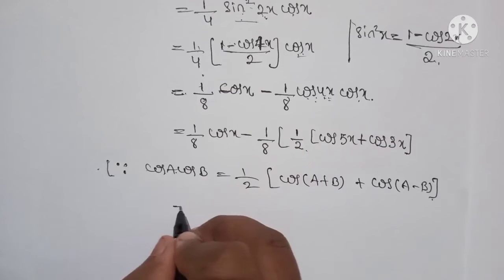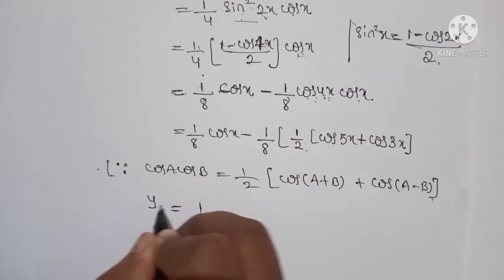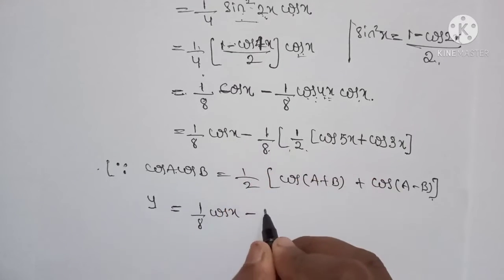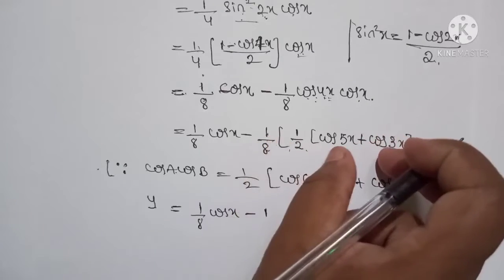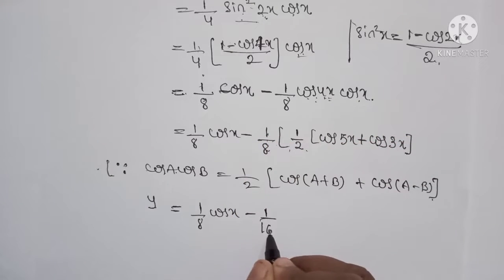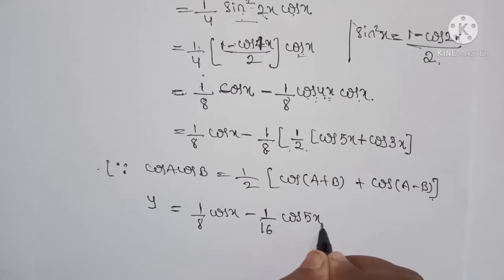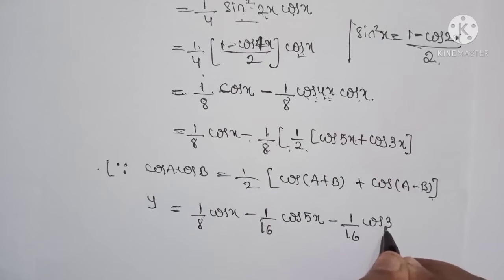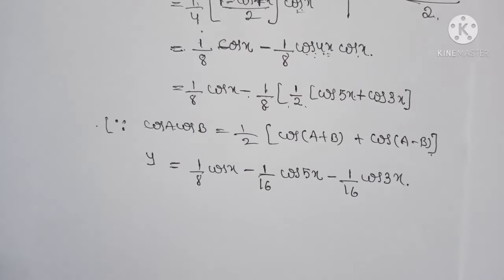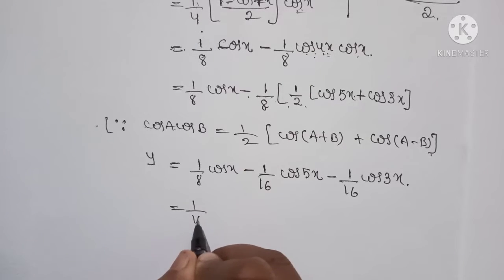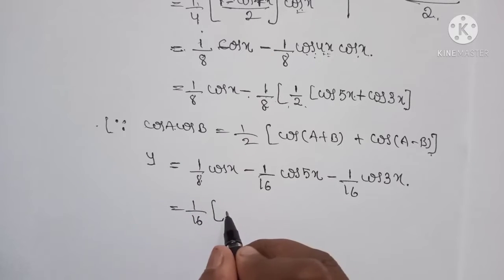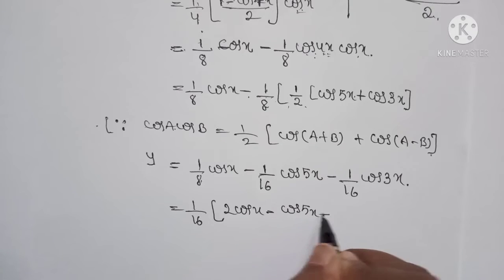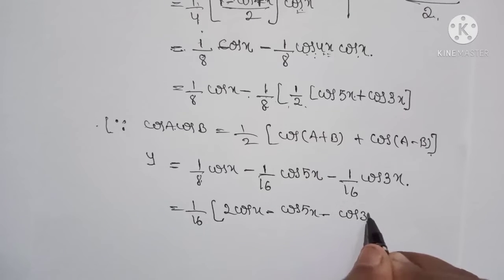So now y can be written as 1 by 8 cos x as it is. Multiplying with this bracket we get 1 by 16 cos 5x minus 1 by 16 cos 3x, or on taking 1 by 16 common we get 1 by 16 [2 cos x minus cos 5x minus cos 3x].